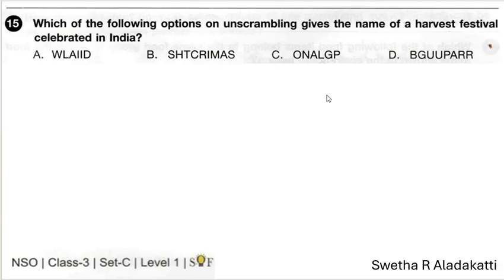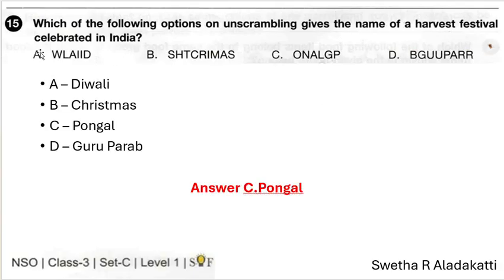Let's see the answer. A. Diwali, which is a festival of lights. B. Christmas, which is the birth of Jesus Christ. C. Pongal. Yes, this is a harvest festival. D. Guru Parab, celebrated by Punjabis. So the answer is C, Pongal.